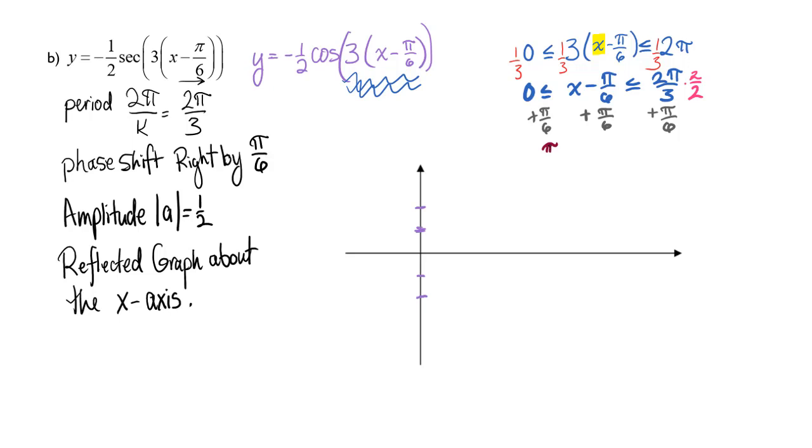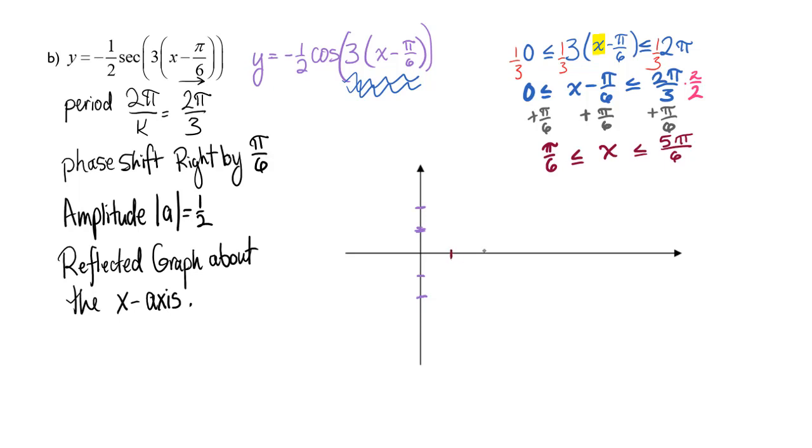So pi over 6 is less than or equal to x is less than or equal to 4 pi over 6 plus 1 pi over 6 is 5 pi over 6. That tells me where to start and stop on my x-axis.